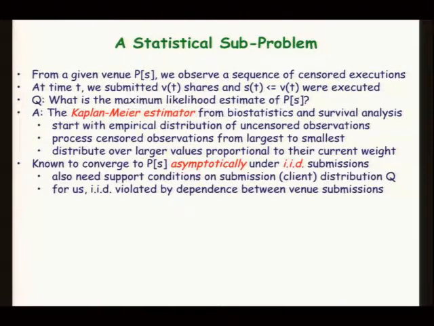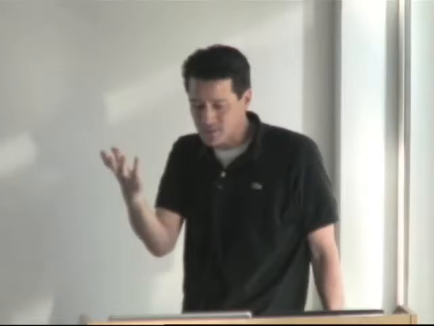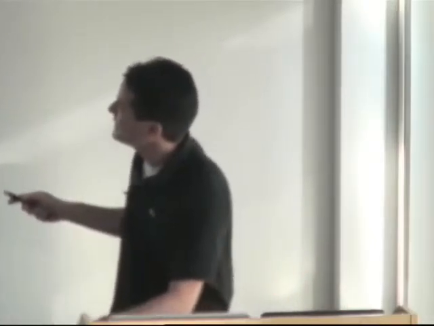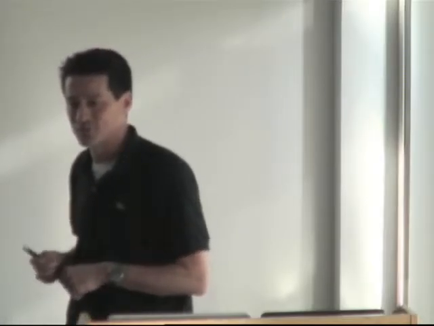Okay, so what's known about this Kaplan-Meier estimator, at least prior to our work, is that if you're making IID submissions, so if the V of t are actually IID, then you have asymptotic convergence. And then you also need the V of t to be large, right?